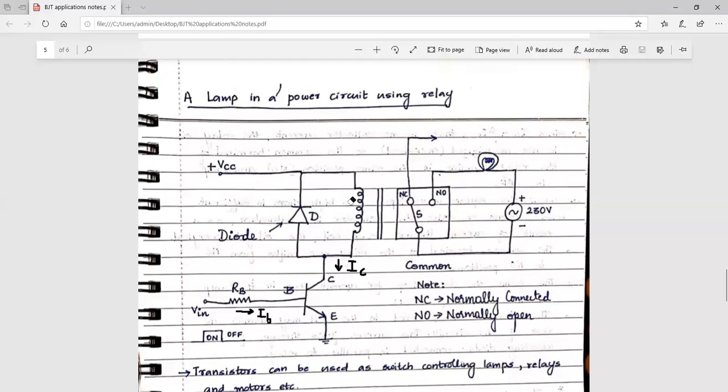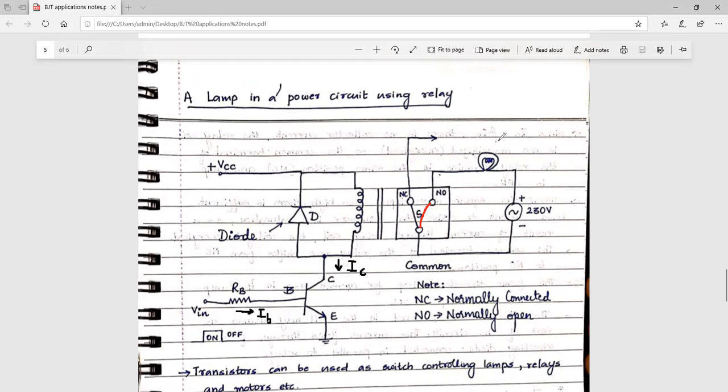When this coil gets energized, this switch will move from the NC position to the NO position. When the switch moves from NC to NO, we can see this circuit is complete, and when the circuit is complete, the bulb will glow.